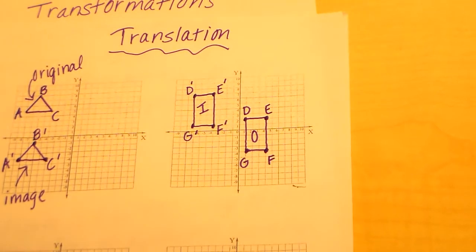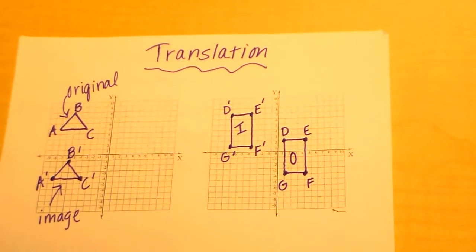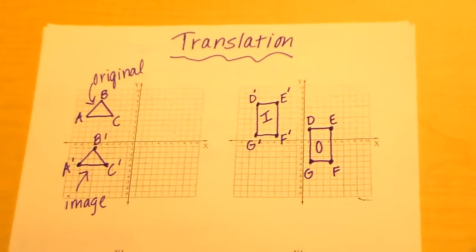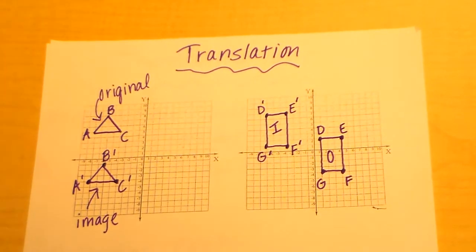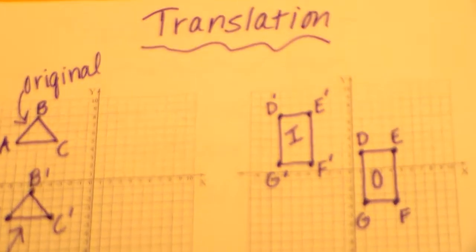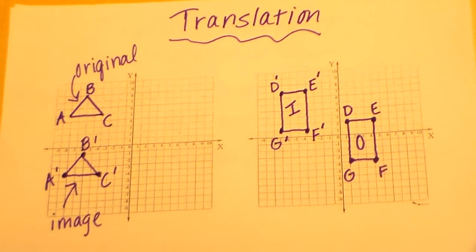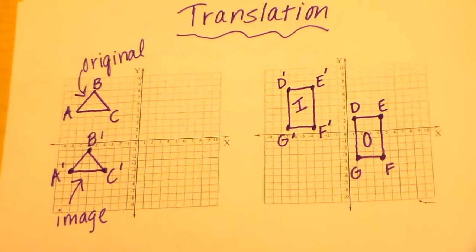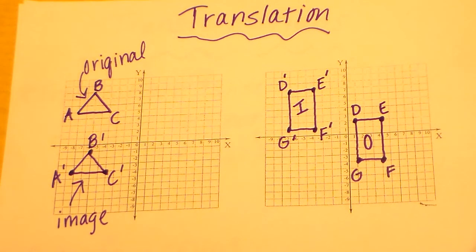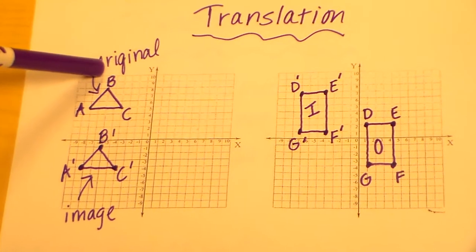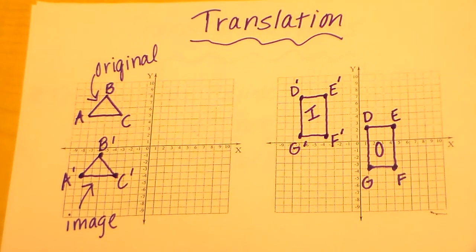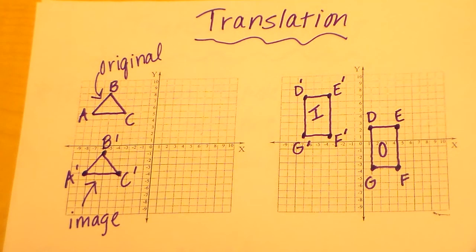So when I'm looking at a translation, you can copy these down without the actual graph on it in the background if you'd like. Sorry, just trying to get a zoom here. So what you're going to notice with these graphs is that we have an original figure, and that's the one we're starting with. So sometimes it's already graphed, sometimes they give you the points and they ask you to graph it. And then after we've done the movement that they're looking for, we have something called the image, and that's the new picture.